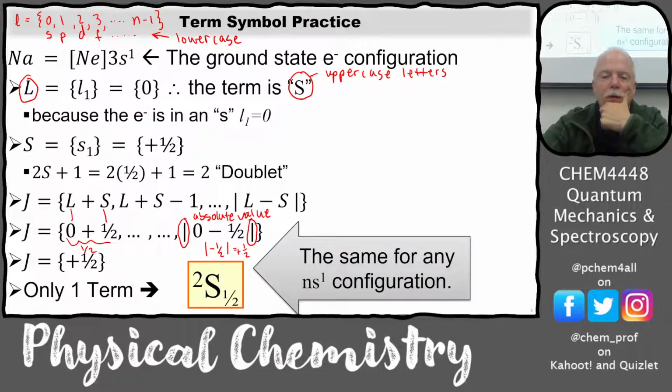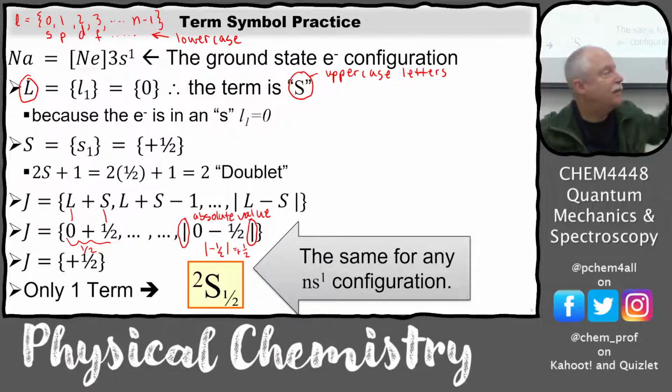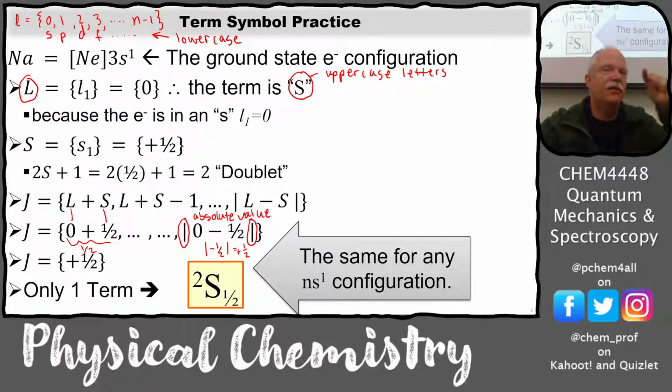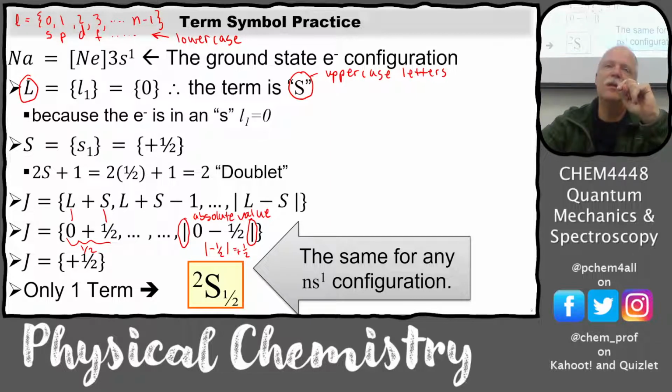Okay. So this is the same also for any NS1 configuration. So if it was in the 4S, the 5S, the 6S, it'd be the same. And if it's not sodium, what if it's lithium, potassium, any of those that just have one electron in an S orbital? This is the same term. So I guess I want you to be comfortable with this shorthand here, right?